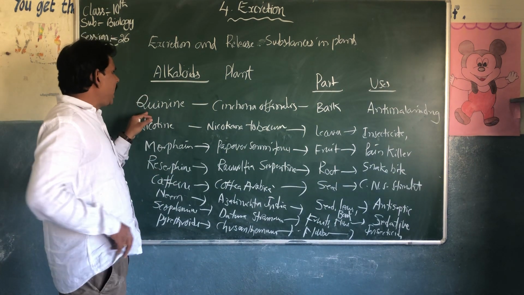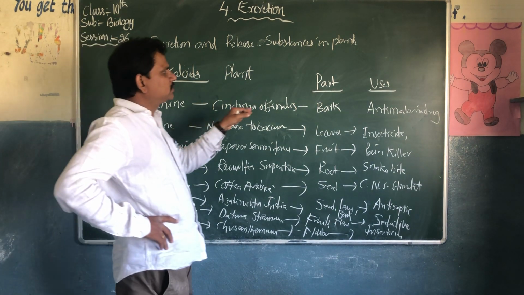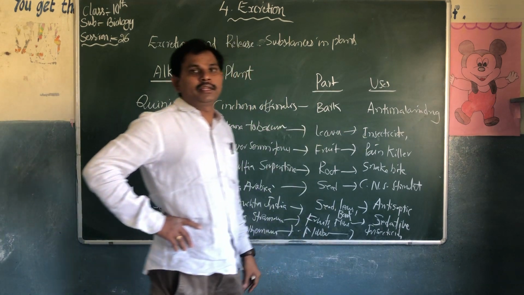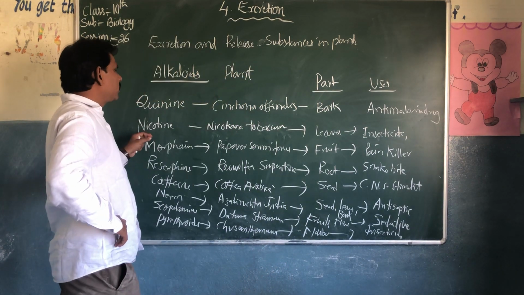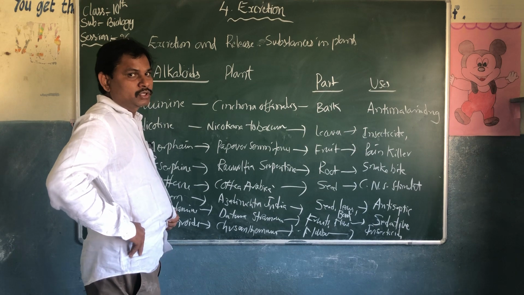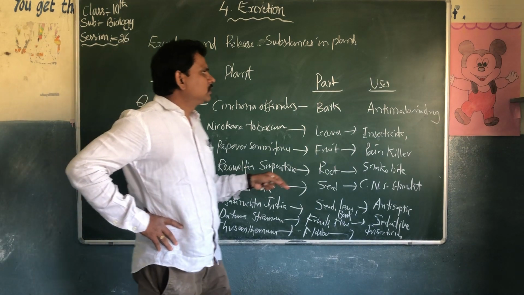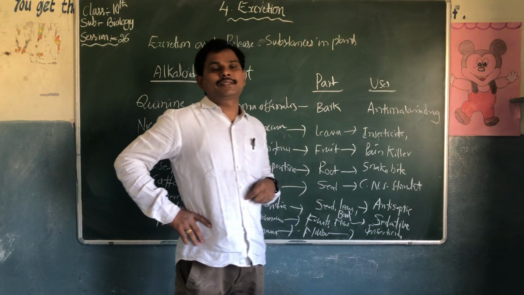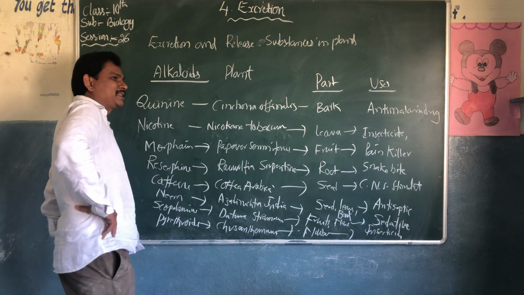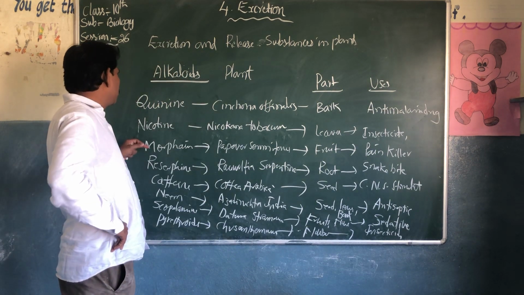Quinine, Cinchona officinalis, bark, is an anti-malaria drug. Nicotine, tobacco leaves, is used as insecticide to destroy pests on crops.